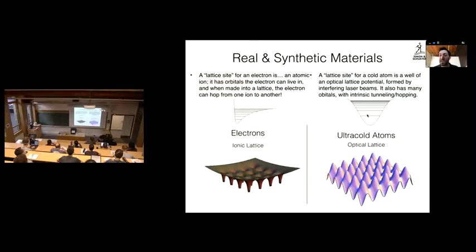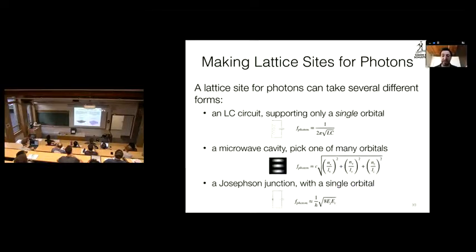But if you look at just a single one of these orbitals and the copies of that orbital on adjacent lattice sites, you again build a lattice in the sense that the orbitals hybridize and the particles can hop from one site to another. But the essential point for all of this is that we're talking about a single on-site orbital, usually, and hybridizing them between lattice sites to make our lattice and study our physics.